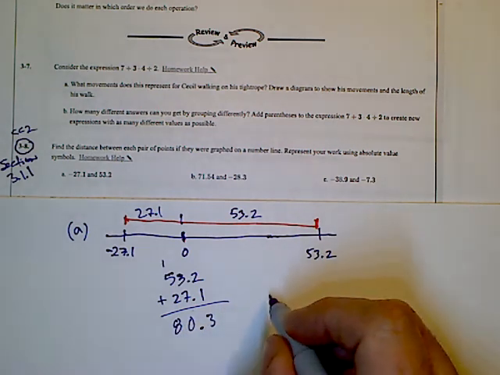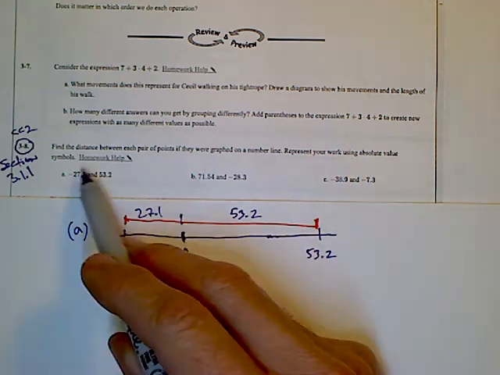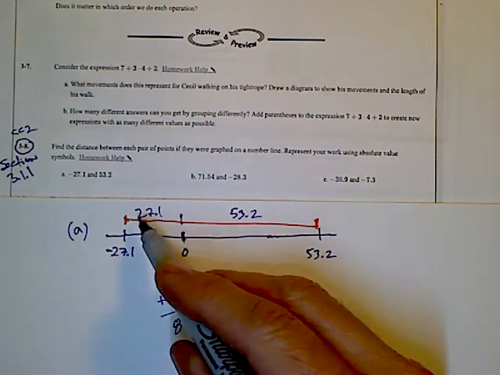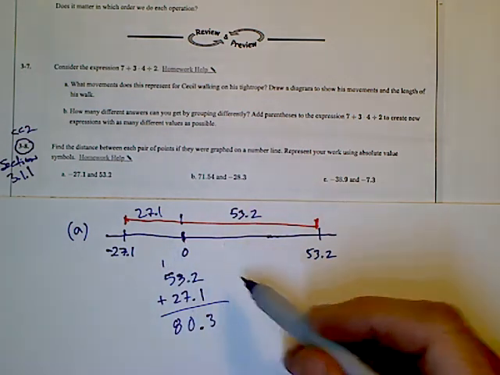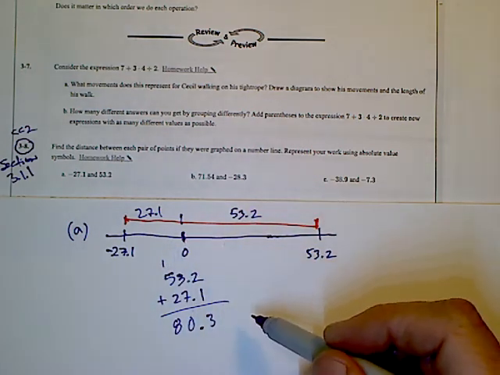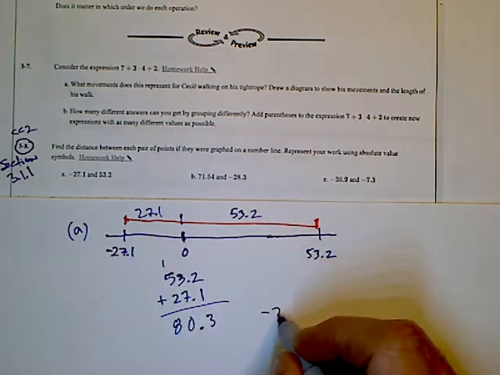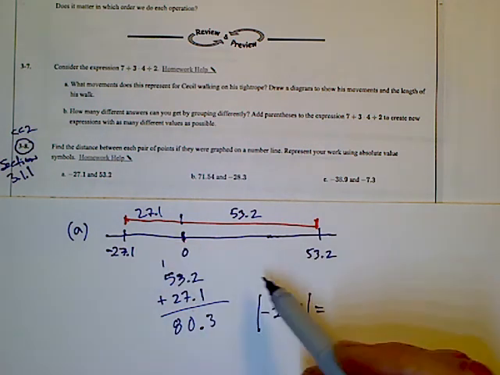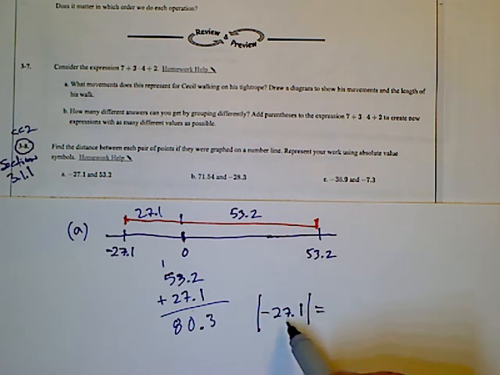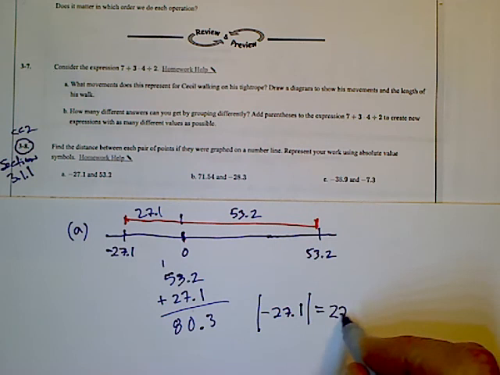So for part A, it wants us to represent your work using absolute value symbols. Absolute value is the distance between a number and 0. That's what absolute value means. So the absolute value of negative 27.1 is the distance between 0 and that number, which is positive 27.1.